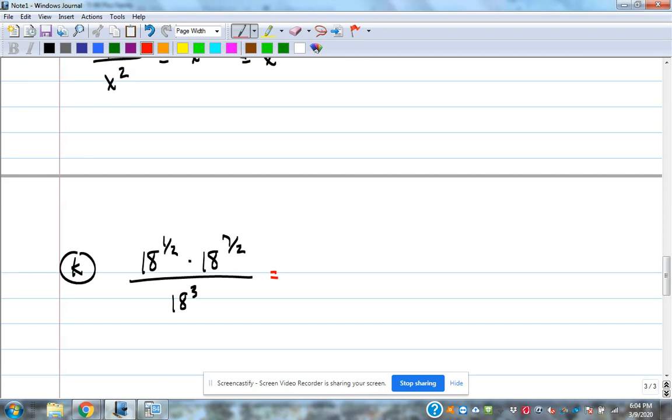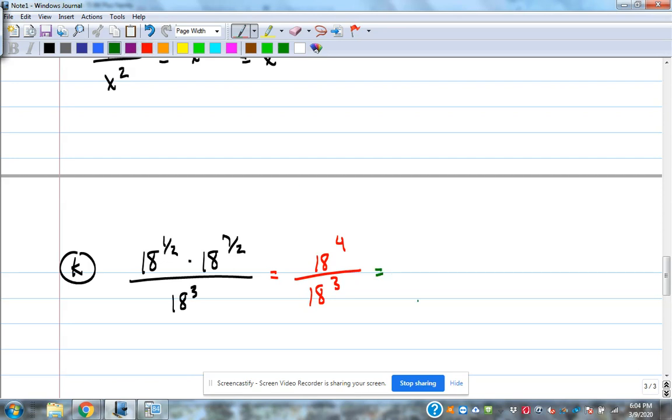So we're going to do this part first. These have the same base. 18 is the base, and so we're going to add the exponents together. It's nice here because the exponents have the same denominator, so that's an easy addition. 1/2 plus 7/2 would be 18 to the 8/2, which we know is actually 4. I'm going to write it as 4. And then that's not x, that's 18 to the 3rd on the bottom.